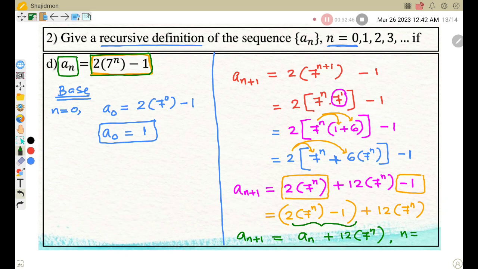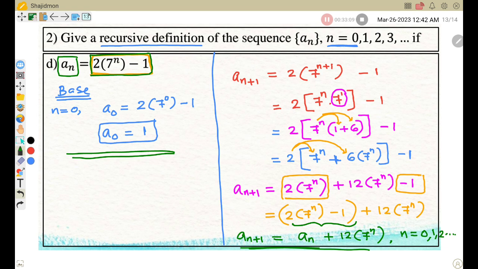what are the n numbers? 0, 1, 2, 3, like that it is continuing, correct? So this is the recursive definition of that sequence. Hope you understood that one. How to give a recursive definition of the sequence a_n? We need to have a base case like this.